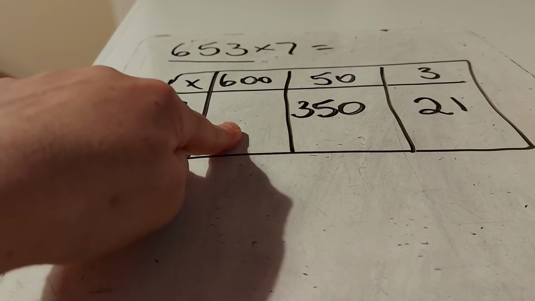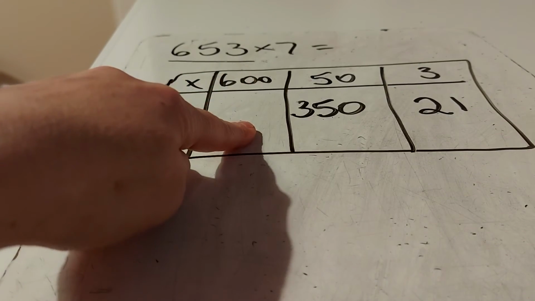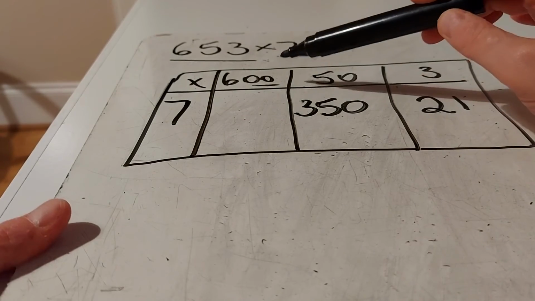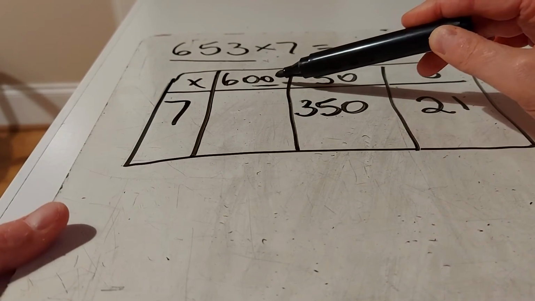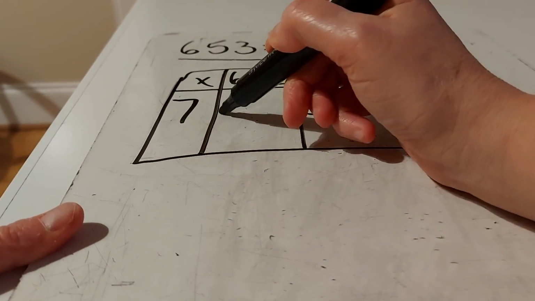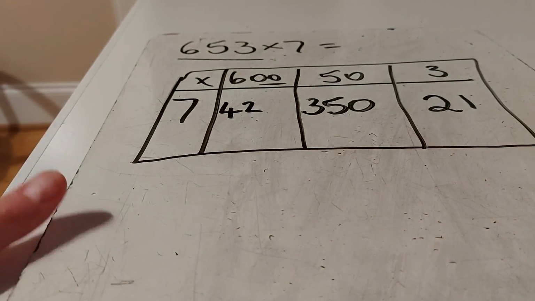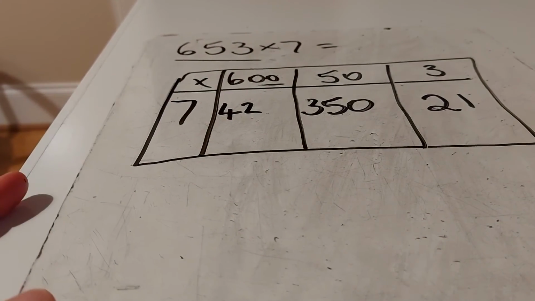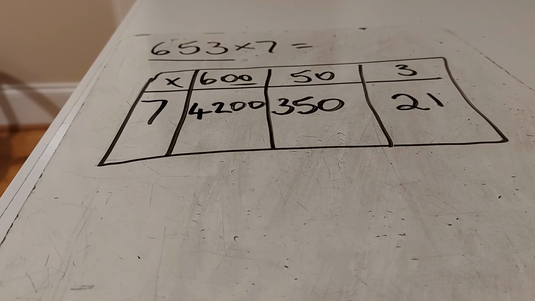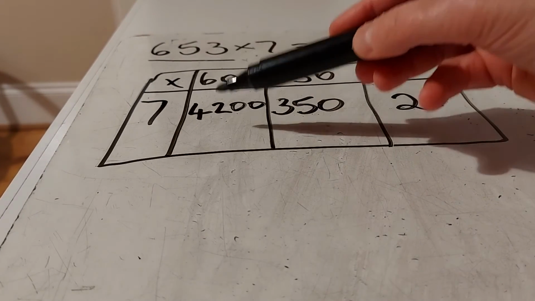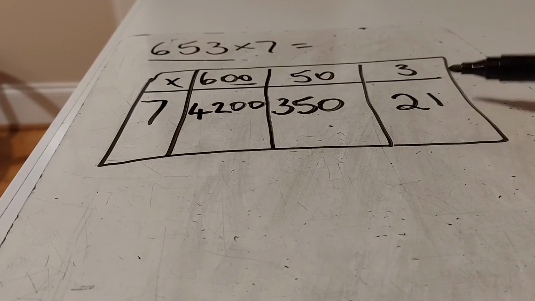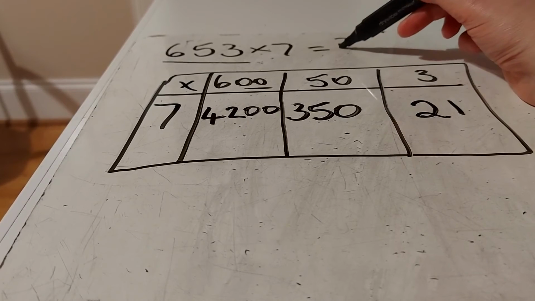This is where you've got to think about making sure that you don't make a mistake, because you'll notice that we're multiplying 7 times 600 and it's got 2 zeros. So 7 times 6 is 42. But then to make this 42 100 times bigger, we would add on 2 zeros. And then you would do exactly the same thing again. You would add these 3 products to get the total answer, which you would put up here.